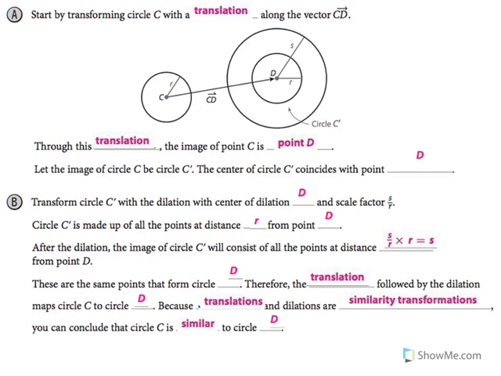The center of circle C prime coincides with point D. Transform circle C prime with a dilation with a center of D and a scale factor of r over s, where C prime is made up of all the points at distance r from point D. After the dilation, the image of circle C prime consists of all the points at distance r over s times r, equal to s, from point D. These are the same points that form circle D. Therefore, the translation followed by a dilation maps circle C to circle D, because translation and dilation are similarity transformations.